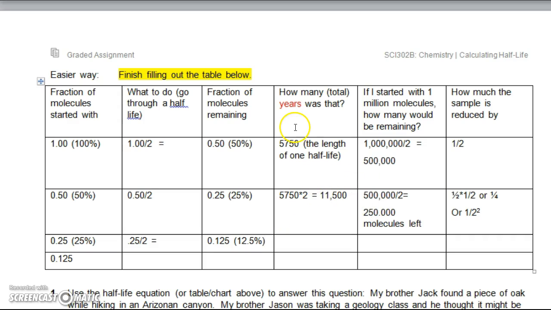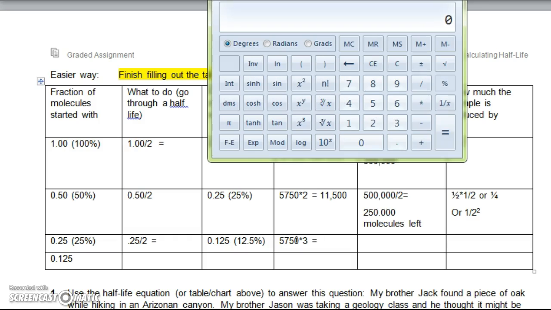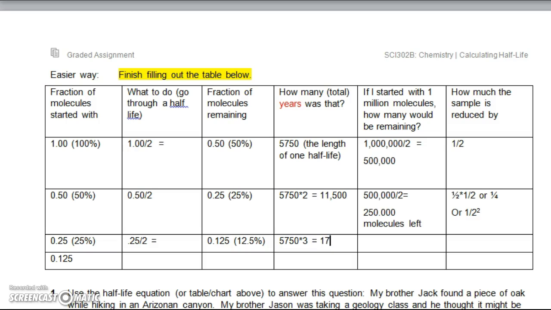And how many years would that take? So this is the 3rd time we've done it. And so our answer, we did 5,750 times 3, about 17,250 years.